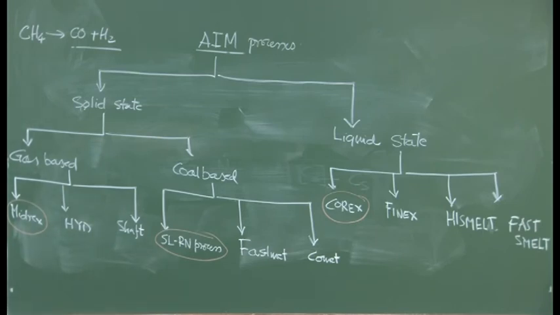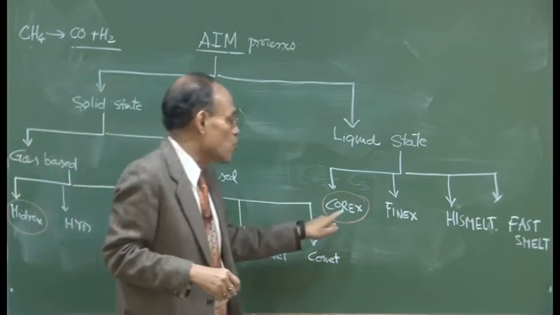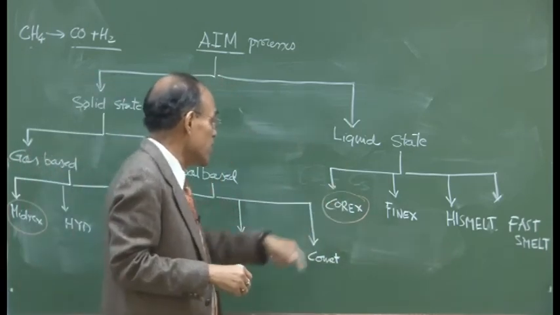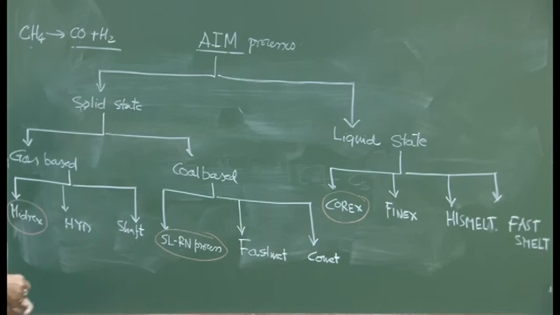The Midrex process, for example, will use some kind of reformed natural gas. The technologies are different, they may be using different kinds of gases, and they may have different reactor geometries, etc. This uses a coal based process, and Corex, which produces in liquid state, uses predominantly coal or a mixture of coal and coke.